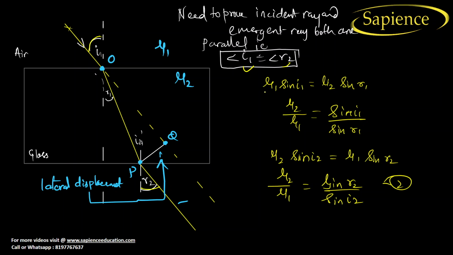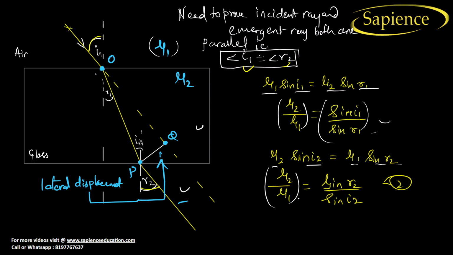For this, as we know the law of refraction, mu1 sin I1 is equal to mu2 sin R1. So mu2 by mu1 is equal to sin I1 by sin R1, we can write it. Again, at the second surface, mu2 sin I2 is equal to mu1 sin R2.